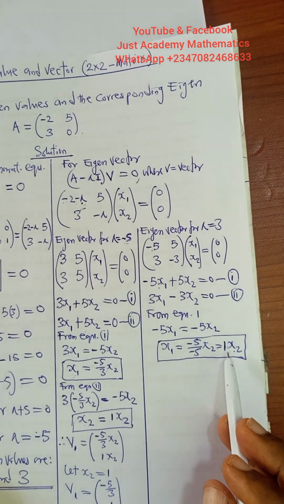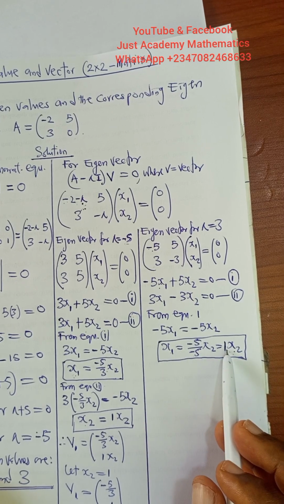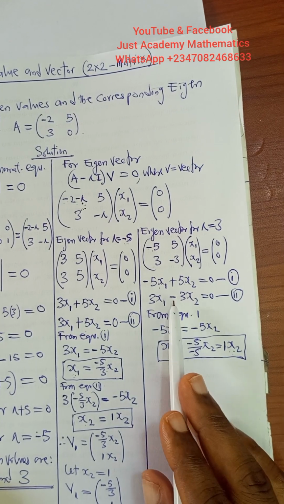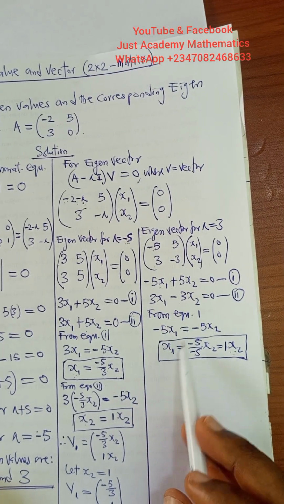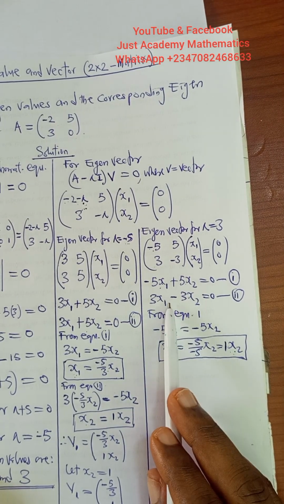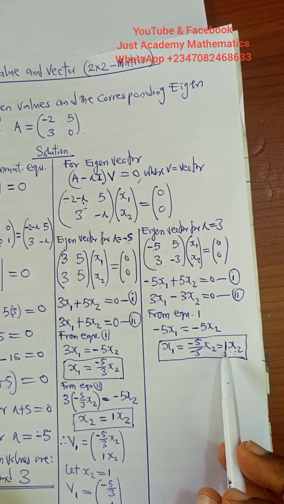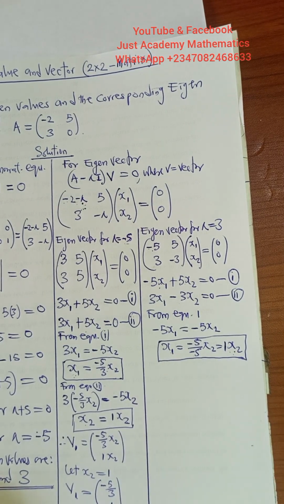So we're going to find x2 in terms of x2 again by putting the value of x1 in equation 2. Since we derived this one from equation 1, we put this in equation 2. In that case, anywhere we see x1 in equation 2, we'll put 1x2. Are you following now?